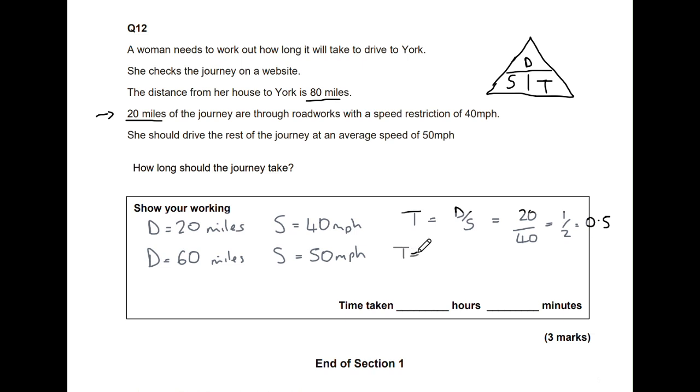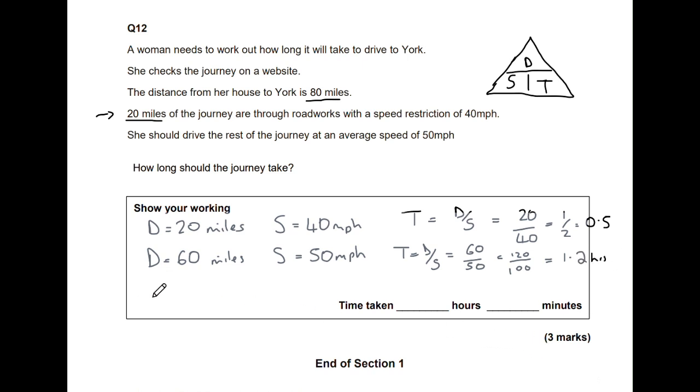So time is distance over speed, which is 60 over 50. And we need to convert that to a decimal. So what I thought of doing was doubling it. So that would give us 120 over 100, which I can then nicely do, and we end up with 1.2 hours.